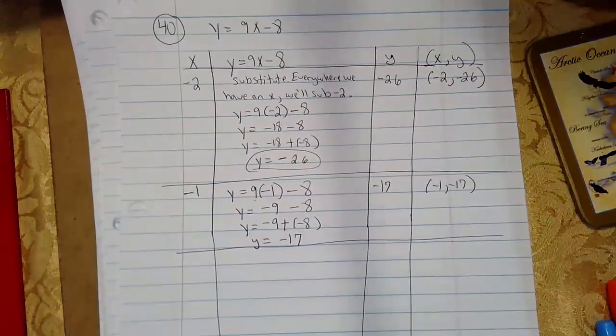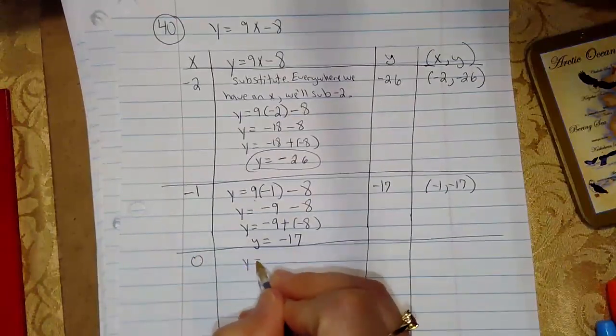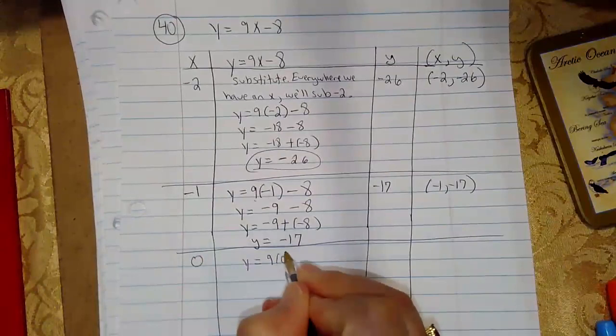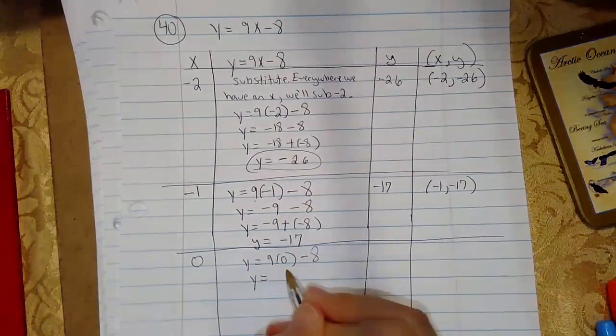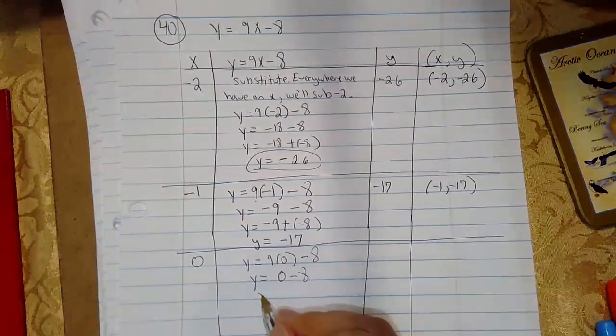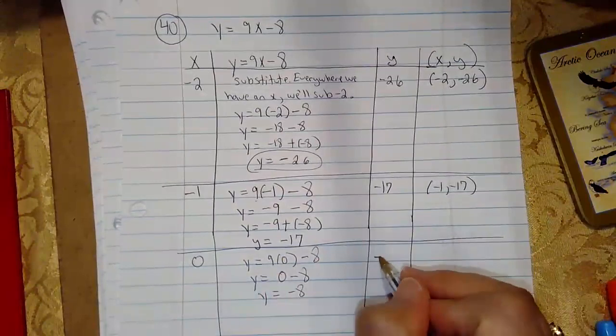Okay, I also have x to be 0. So y is equal to 9 times 0 minus 8. And any number times 0 is 0. So that's just 0 minus 8, which is -8.